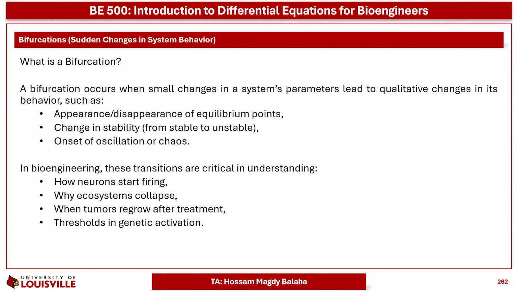To understand this, let's assume that a patient got a therapy for a cancer, and this cancer is suppressed, and then at a critical point, or a change of a certain value, the tumor increased again, or the tumor spread again.